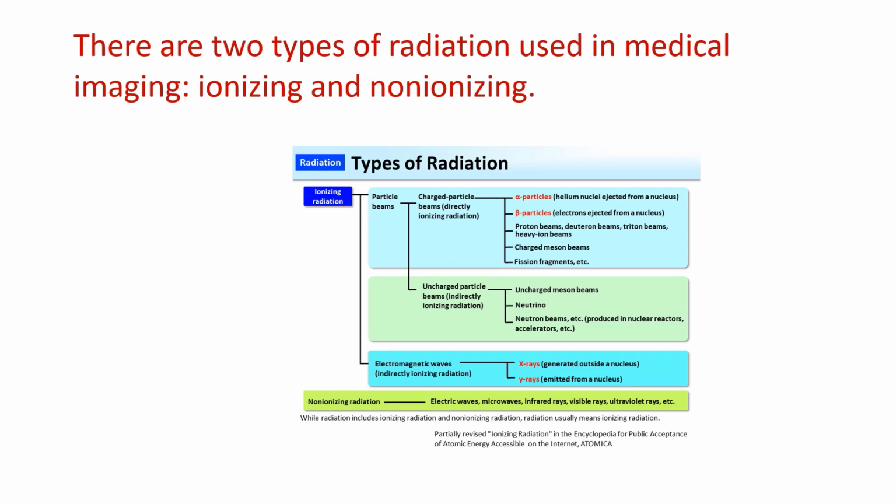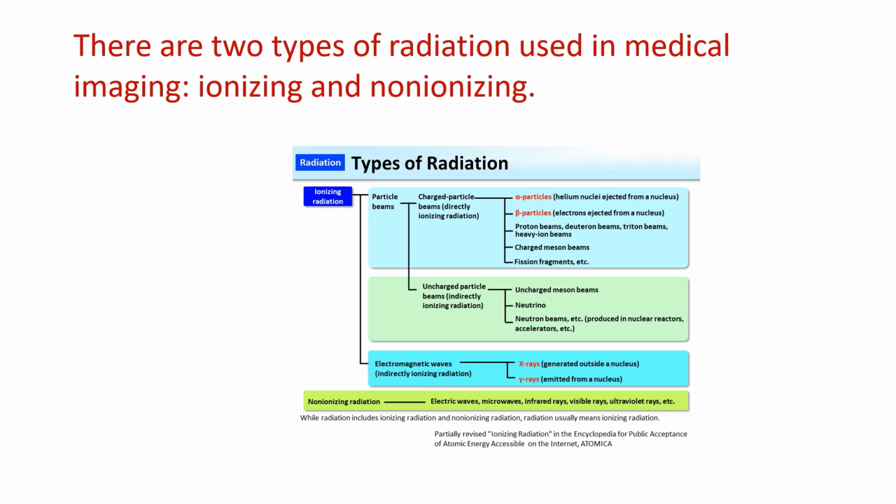When talking about radiation used in low-dose medical imaging, there are basically two types of radiation that we look at. One is ionizing and one is non-ionizing. The non-ionizing radiation is considered harmless, and the ionizing radiation has the potential to do biological damage.